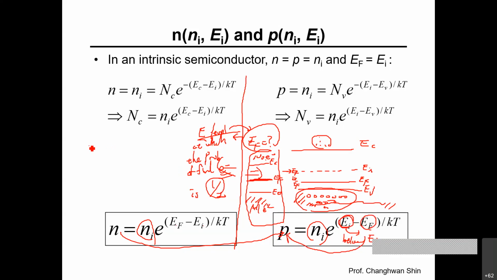So for example, suppose EC, EV, and Ei, and your Fermi energy level is here, and this energy difference is, say, 0.24 electron volt. What is the hole concentration?